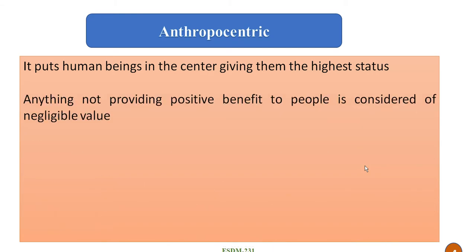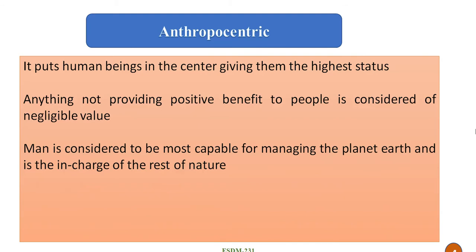Anything not providing a positive benefit to people is considered of negative or negligible value, and man is considered to be the most capable of managing the planet Earth and in charge of the rest of nature.